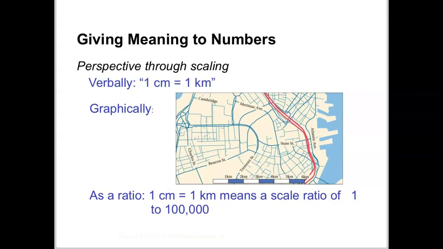So that's what a map does, or a scale model that an architect might build of a building. And that means that all we have to do is multiply every measurement by some constant, which would be the scale factor. And we could get the true values of our building, or of the distance from a map.